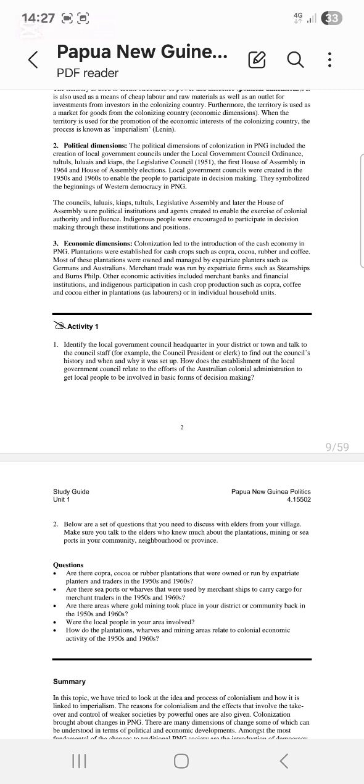So colonialism, the second dimension of it, brought in political structures. After independence and self-government, Papua New Guinea adopted those political structures, and they are still relevant today.